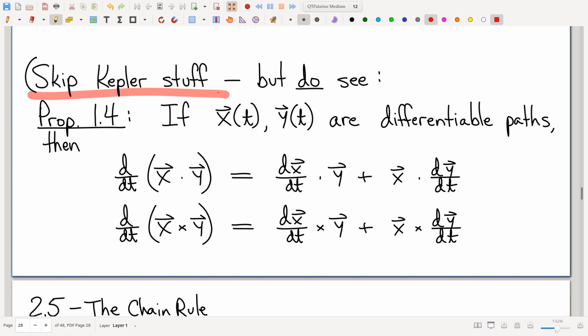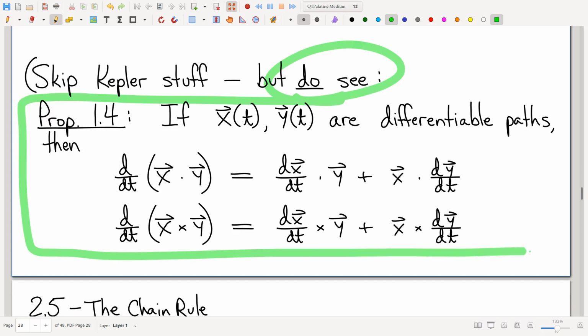It's a digression that we just don't have time for. That said, you are responsible for what they call proposition 1.4 that you'll find in that section, or that part of all that Kepler stuff. So this one thing is actually quite useful, and it is something that you need to know.